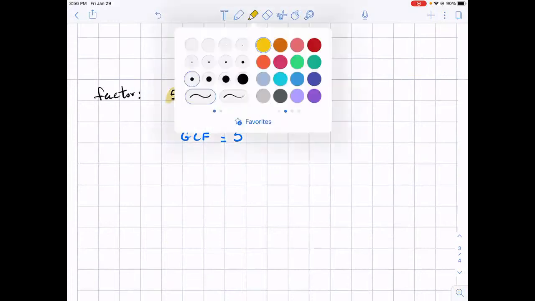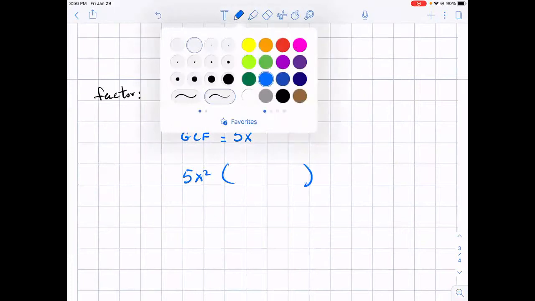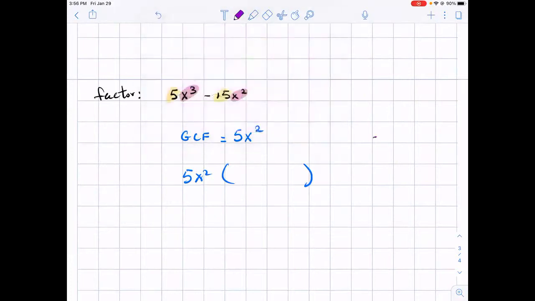And then we look at our letters. There's an x term here, and there's an x term here. So then we can take out the lowest power, which is x squared. So if we take out 5x squared, what will be left? To find out what is left, I said take each term of the polynomial, right? So here was our step 1, GCF.